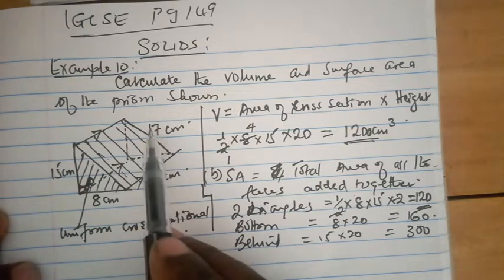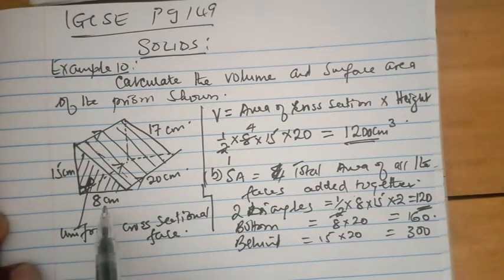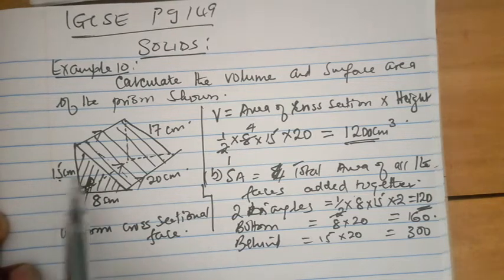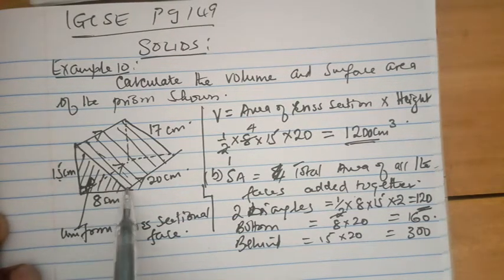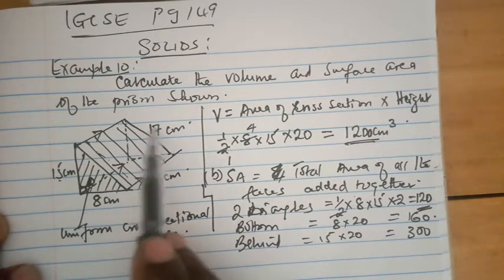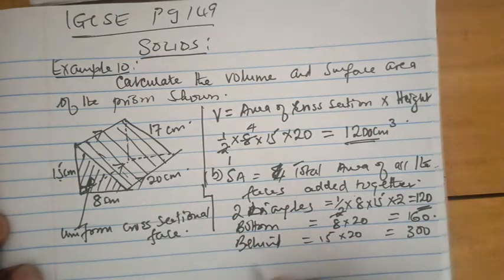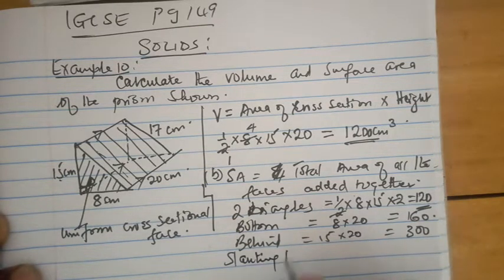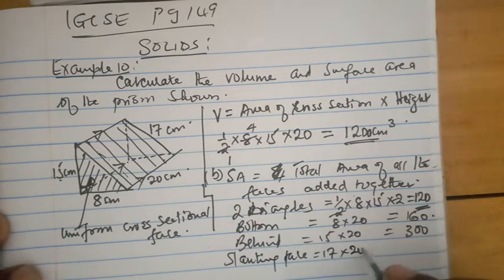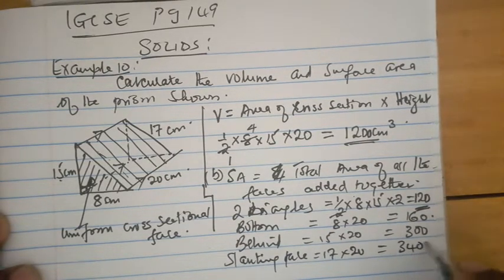If we were not given this length, then we would have applied Pythagoras theorem: 8 squared plus 15 squared is equal to the hypotenuse squared. But luckily we have this length, and therefore the slanting face is 17 times 20, which is 340.